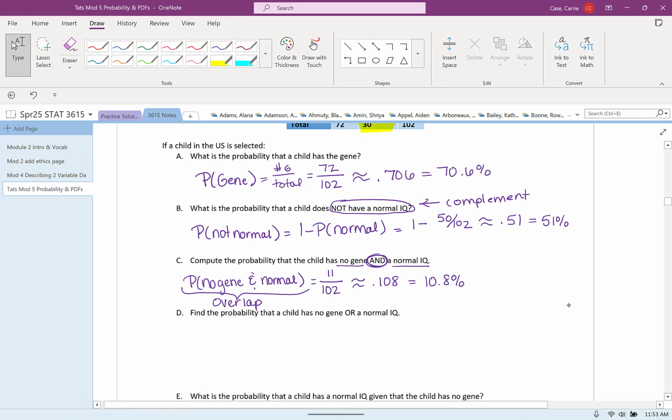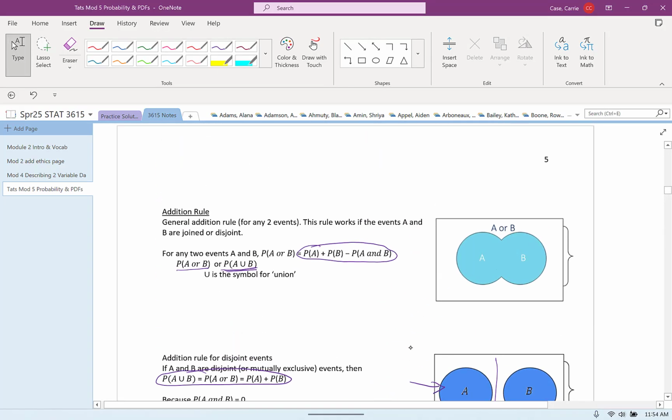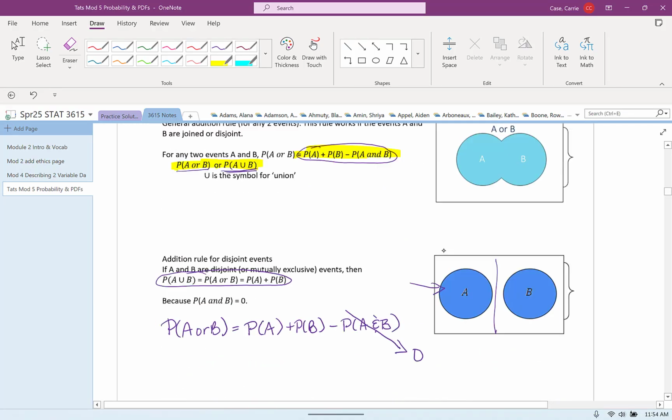The next one is a little bit weird. People tend to struggle with this one. Find the probability that a child has no gene or normal IQ. So the probability of no gene or, this is important, a normal IQ is equal to, and remember this or rule back here, for any events for ors, we have to take off the and, and that's because of an overlap.